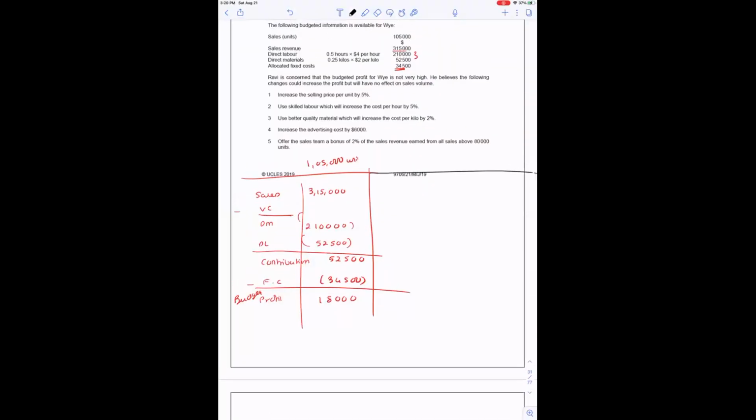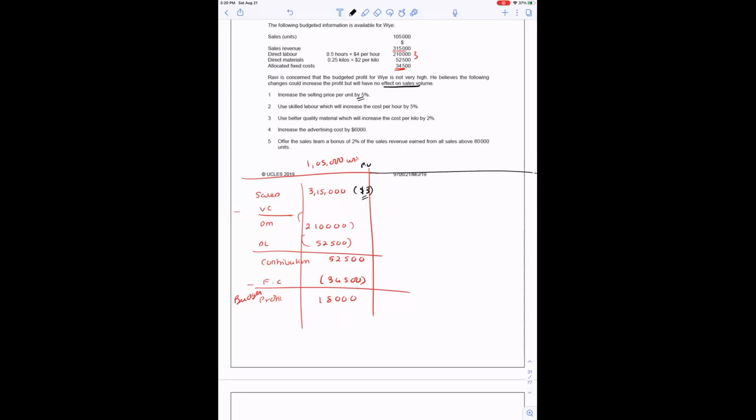He wants to increase the selling price by 5%. What is the selling price over here? 3,15,000 divided by 1,05,000. The total sales revenue divided by the number of units gives a selling price per unit of $3. He wants to increase this by 5%.